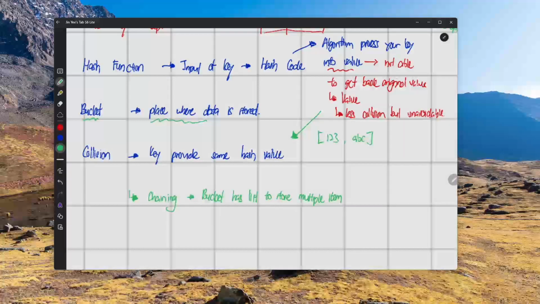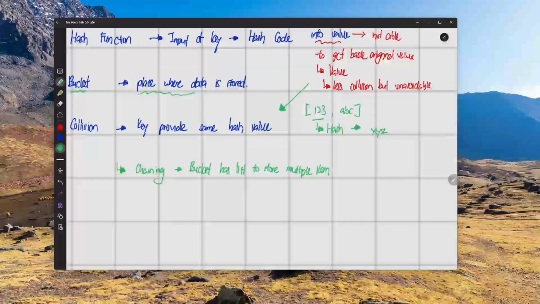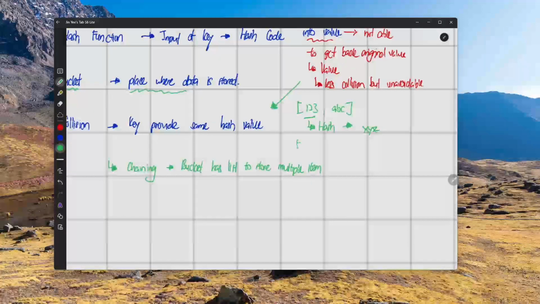I hash this key, and it becomes XYZ. And then I need to insert another key value pair, in this case 456, and the value will be DEF.